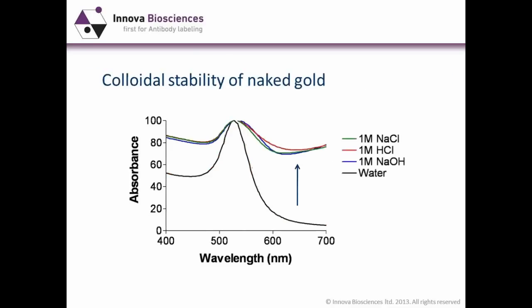If we now look at the colloidal stability of naked gold and Innova coat gold, there's no subtle difference here. There's a drastic change in colloidal stability. This is naked gold in water, and then we've added either 1 molar sodium chloride, hydrochloric acid, or sodium hydroxide, and this is an instantaneous change, immediate aggregation, which you can see quite clearly from the profile.